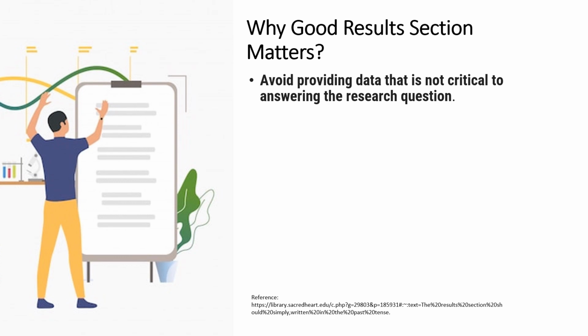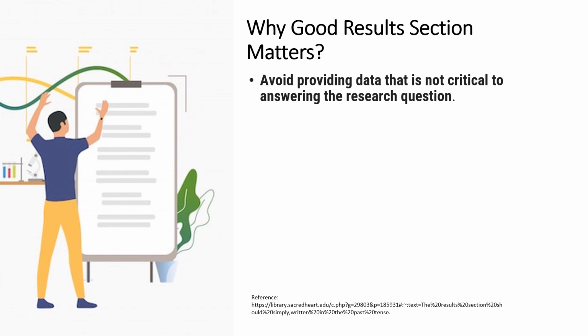The background information we describe in the introduction section should provide the reader with any additional context or explanation needed to understand the results. A good rule is to always reread the background section of your paper in your chapter 1 after you have written up your results to ensure that the reader has enough context to understand the results and later how you interpreted the results in the discussion section of your paper.